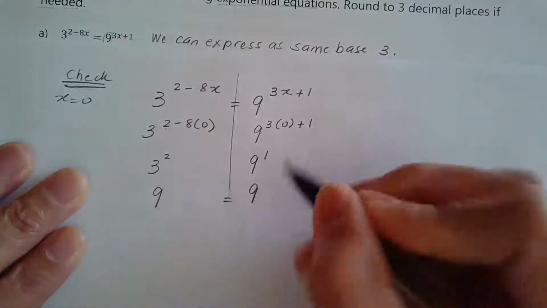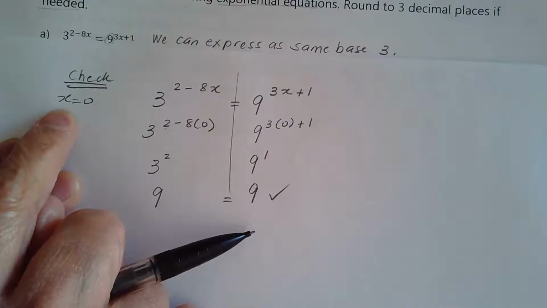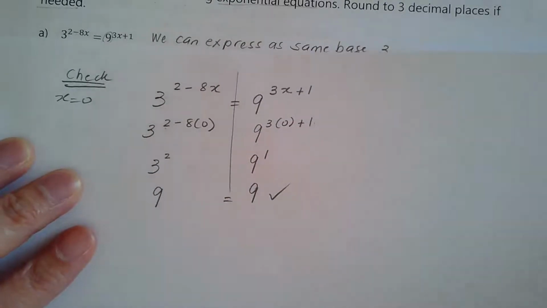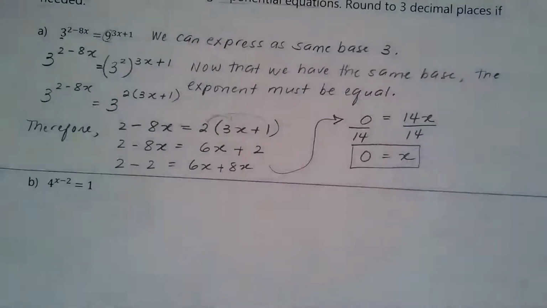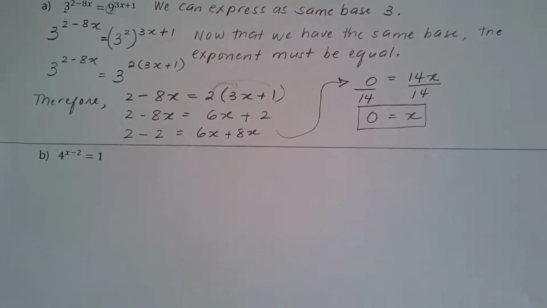So 9 equals 9, and therefore our answer of x equals 0 is correct. Just a short, quick check there. We might not be able to do all the checks for all of these questions, but this is an example of how you can check your answer.